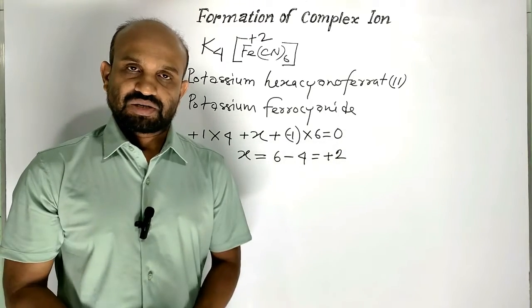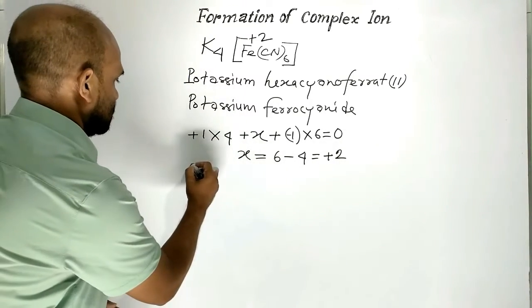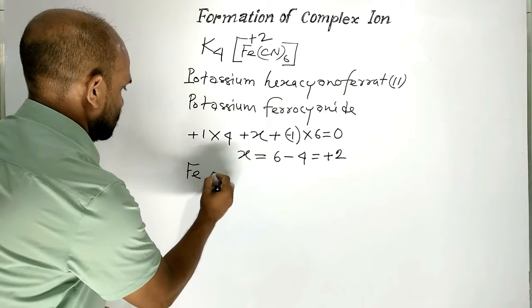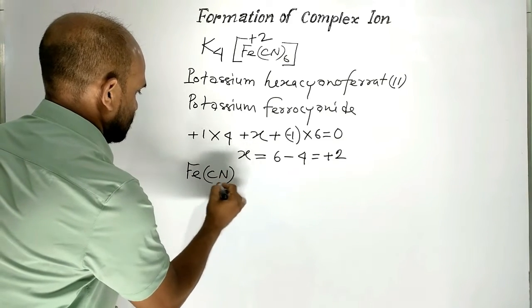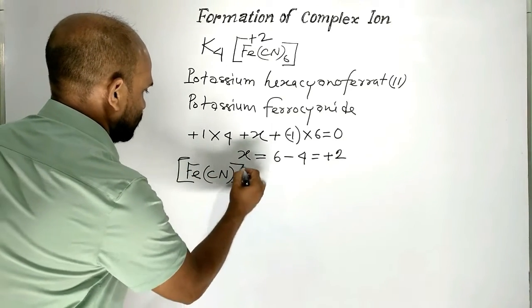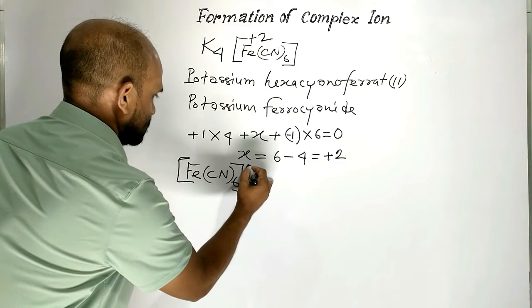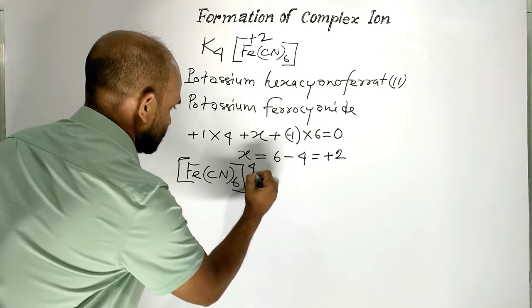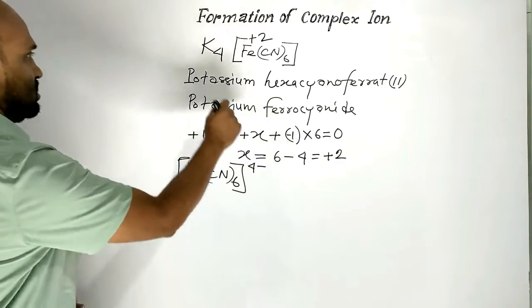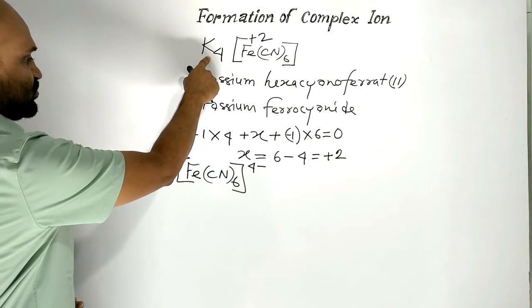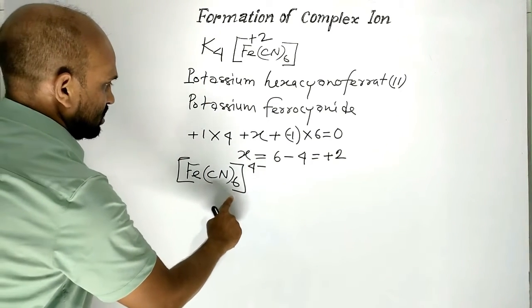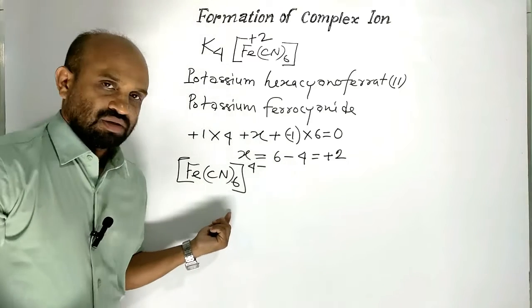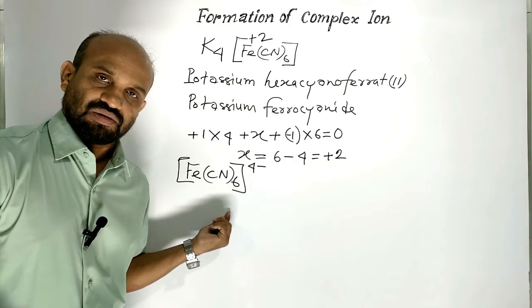Let us see complex ion here. Hexacyanoferrate 2, its charge is 4 minus. Potassium plus 4, this ion 4 minus. This is complex ion.